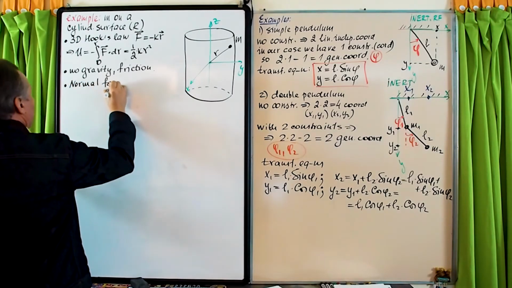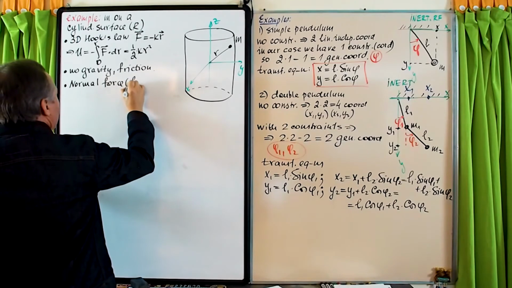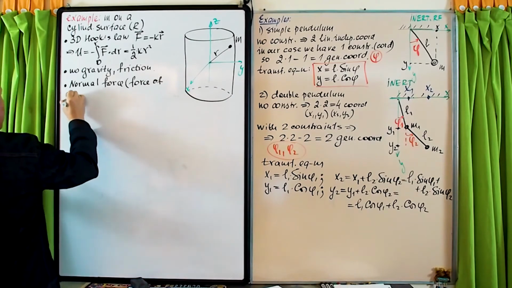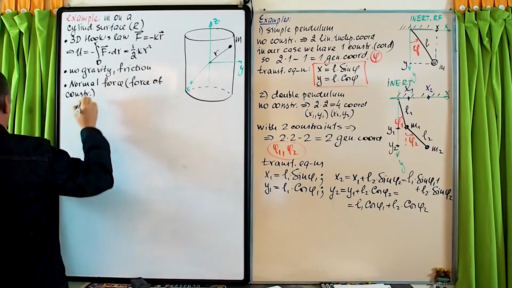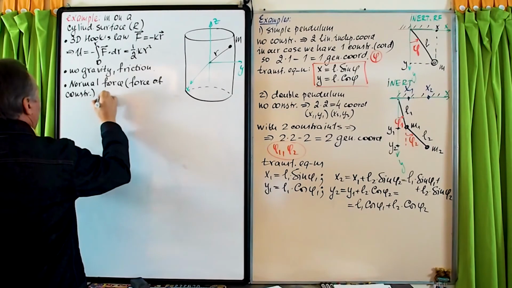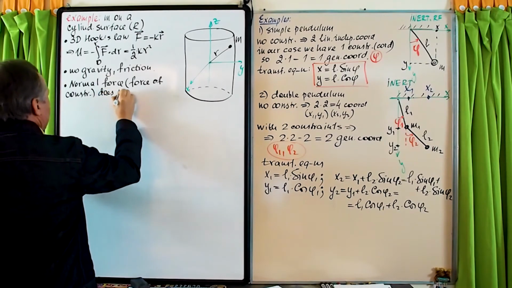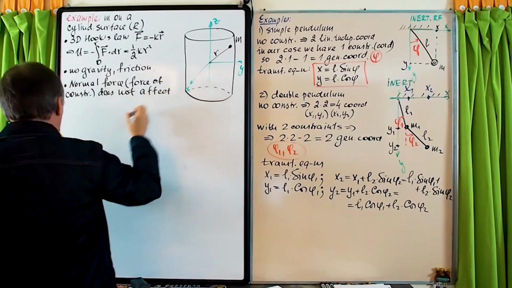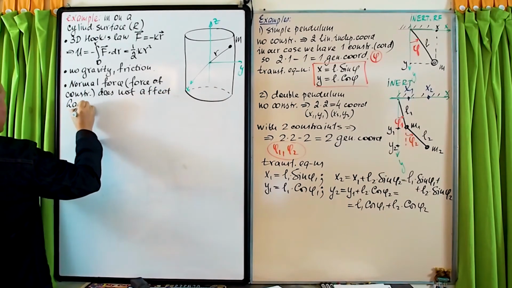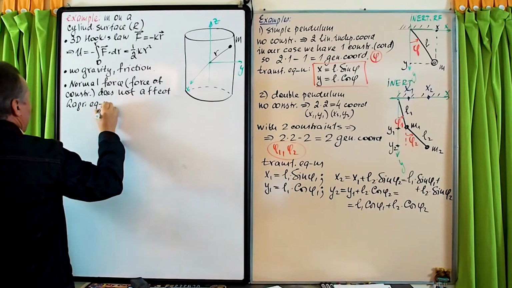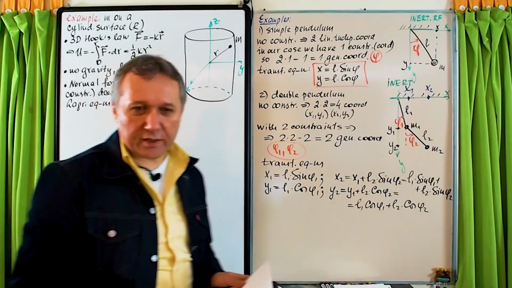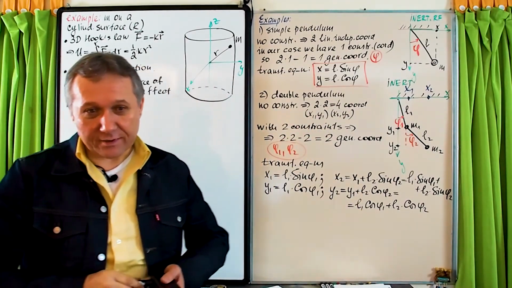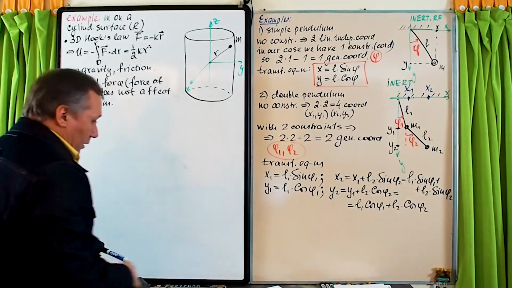The normal force is a force of constraint. The normal force does not change the Lagrange equations, because most likely we're going to have more than one Lagrange equation in this system. Okay, we still have 5 minutes.